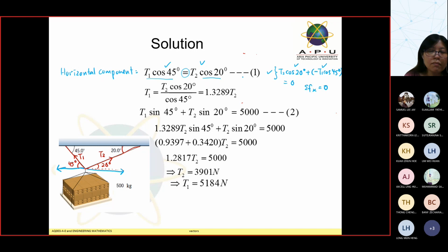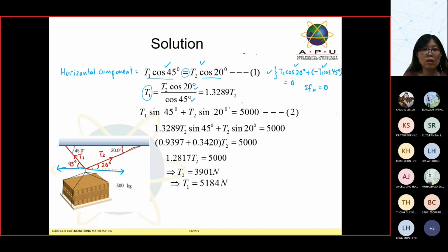Now, after we get T1 cos 45 equals T2 cos 20, I'm trying to get T1. By rearranging the equation, I have T1 equals T2 cos 20 divided by cos 45. Then taking cos 20 divided by cos 45.